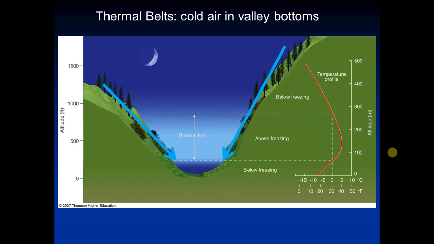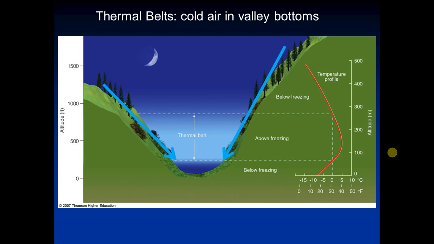The lowest temperatures on a clear, calm night occur near the surface, so the lower branches of a tree are the most susceptible to damage. Okay, the higher branches might be above freezing; they're not as likely to be damaged. Increasing the air temperature close to the ground can prevent damage.